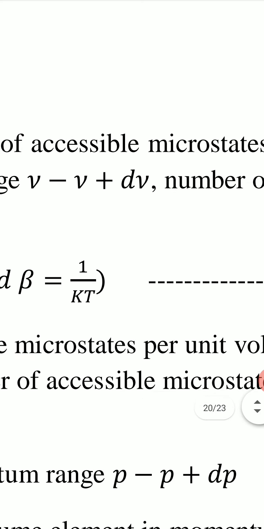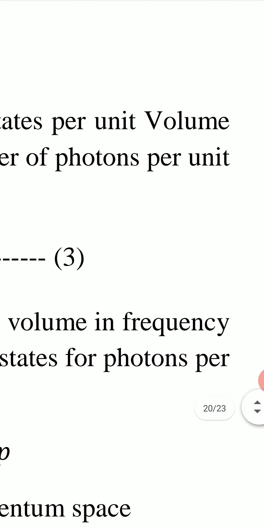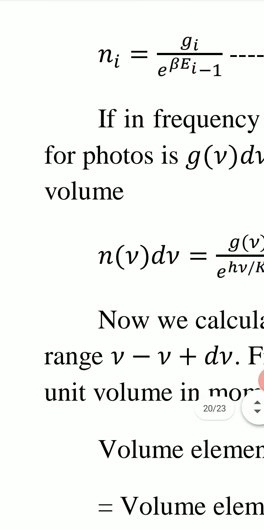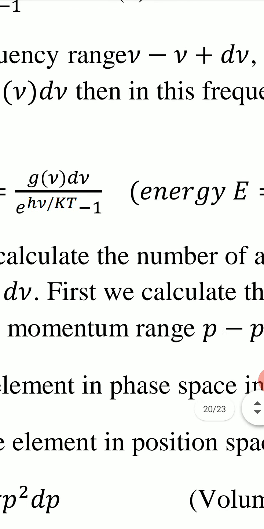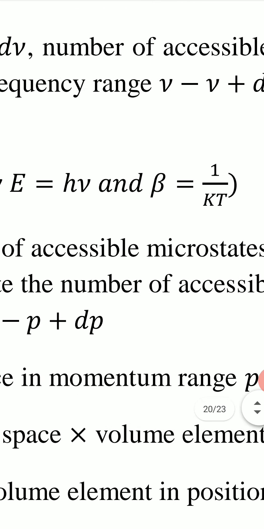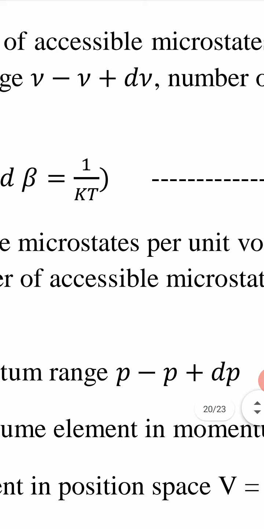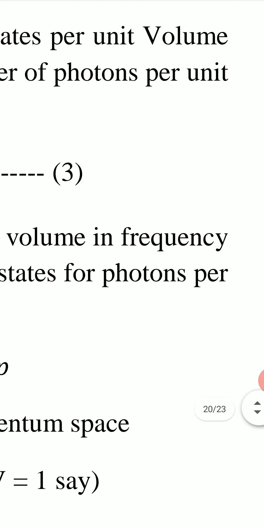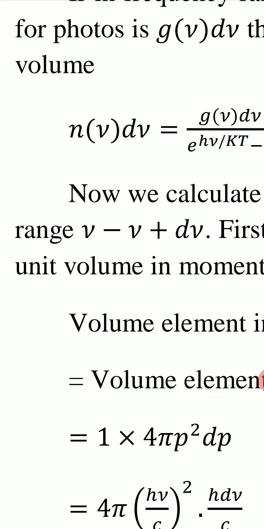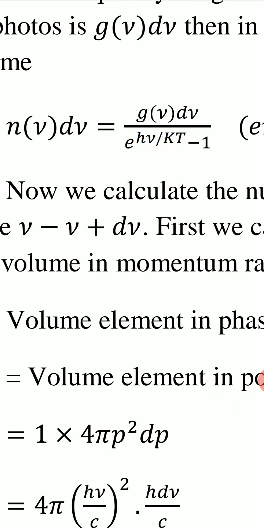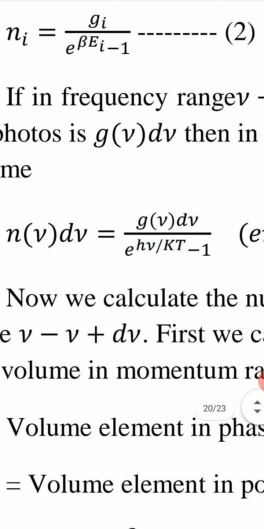Then the number of accessible microstates per unit volume for photons is G nu d nu. Then in this frequency range, the number of photons per unit volume is given by n nu d nu equal to G nu d nu upon e to the power h nu upon kT minus 1.